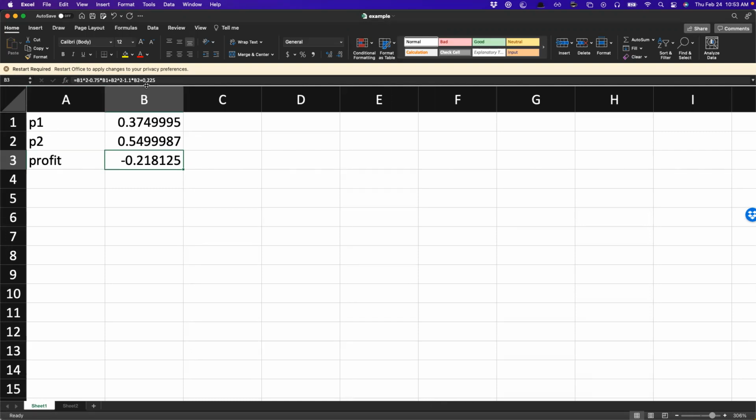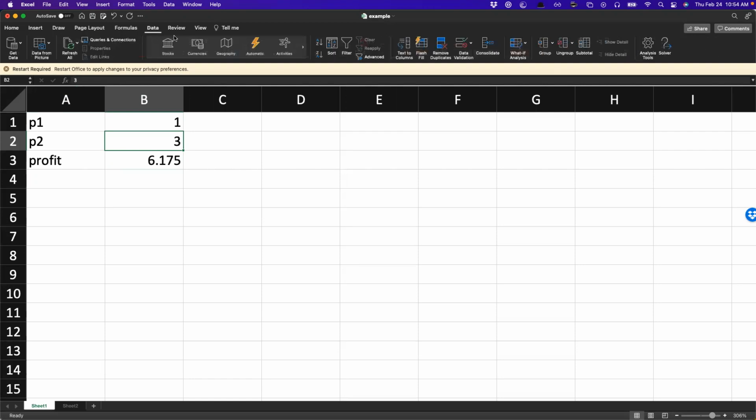So this is exactly the same. And so let's guess what this is. Let's say this is 3 and 1. Okay, so the way I would solve this, there is something called a solver.